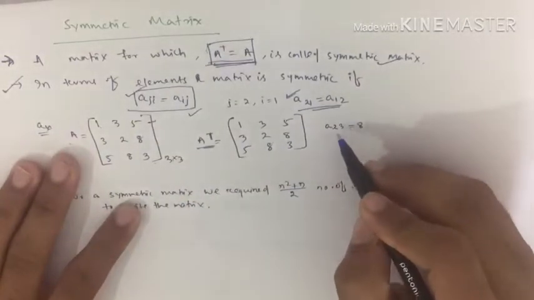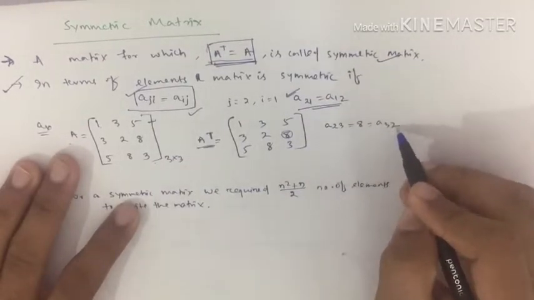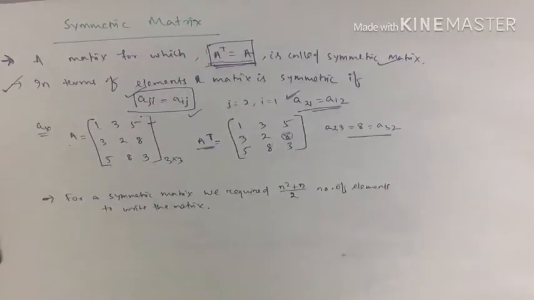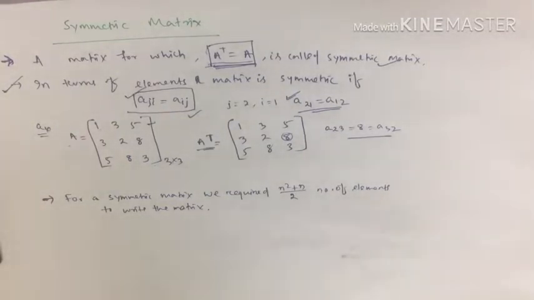So verify A32. A32 is also 8, equal to A23. So you can verify by taking the transpose of that matrix and equating all the elements, or by taking any random elements of the matrix to verify the symmetric nature of the matrix. In this way you can show the symmetric matrix.